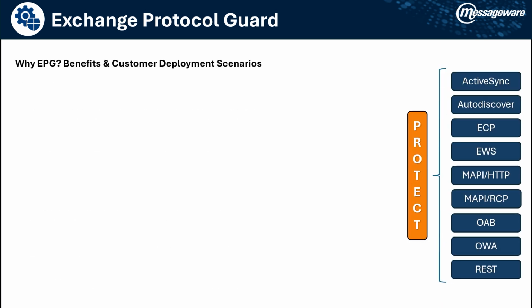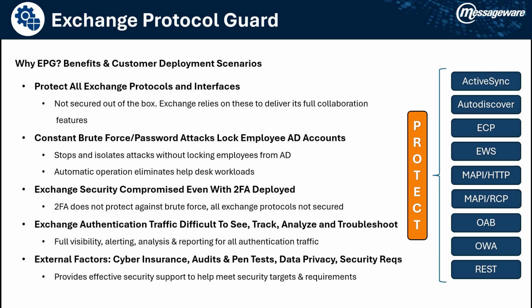Why EPG? Here we will cover a few scenarios where it provides a host of security benefits. Exchange Protocol Guard secures Exchange at the protocol level, covering all 9 key interfaces such as OA, ActiveSync, and MAPI, ensuring that every authentication entry point is monitored and protected, not just the ones secured by default. The most common scenario is constant, random brute force password guessing that locks out employee accounts.